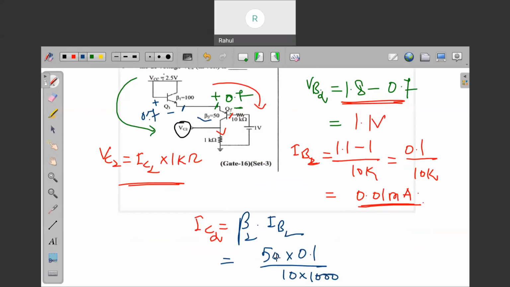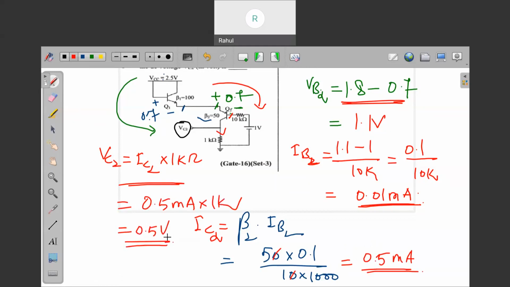Here you can cancel the zeros, and this is 0.5 milliampere. Once you plug 0.5 milliampere into 1K, it will give you 0.5 volt.